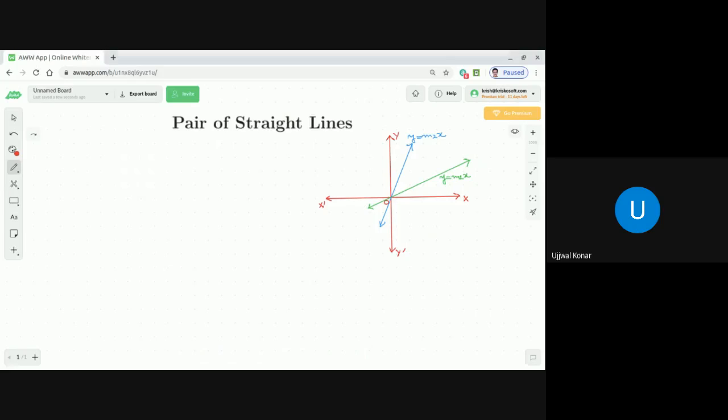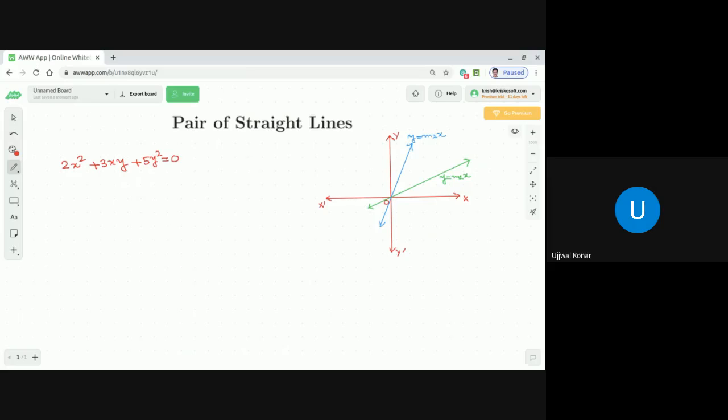Let me first give you an example. Suppose I write 2x square plus 3xy plus 5y square equal to 0. This is a homogeneous equation.